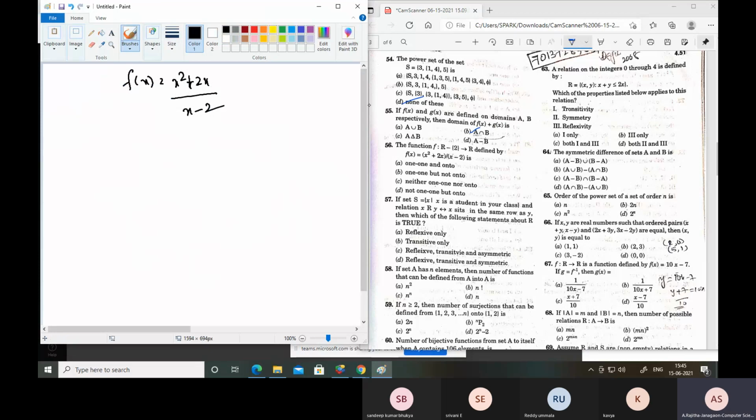Suppose for example here this is R minus 2, that means from only 3.